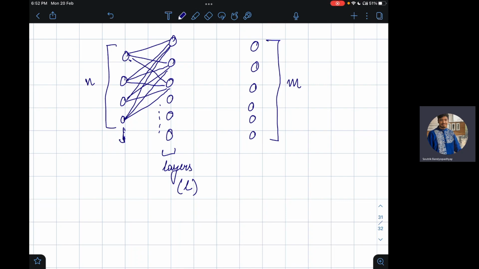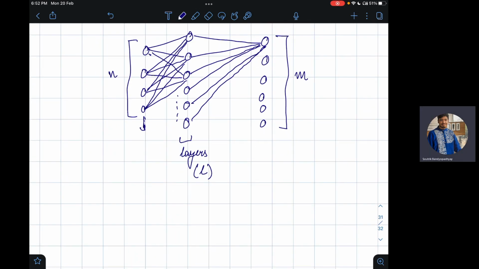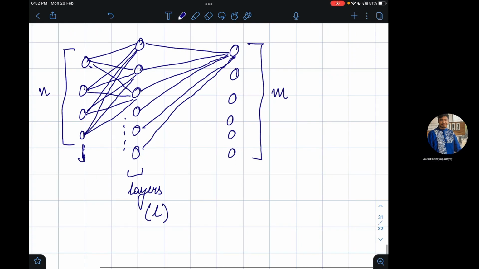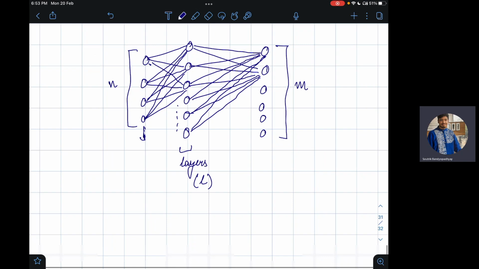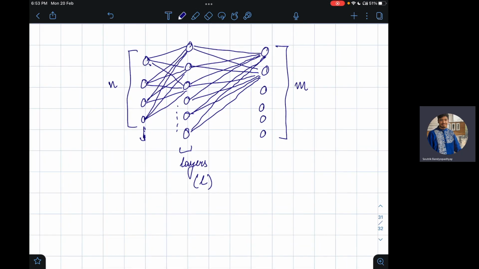Similarly, each of the nodes in the output layer has connections to all of the L layer, the previous layer nodes. In essence, you can create a very big neural network out of it. Each of these layers has an activation sigma associated with it. These sigmas can be the same or different, whatever, right?